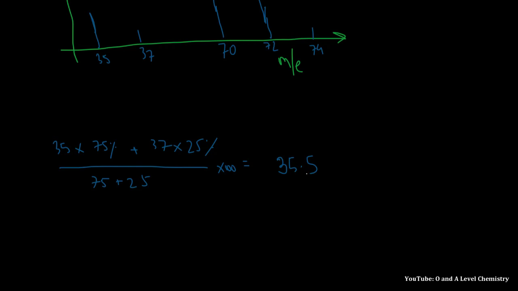So let's double check: 35 times 75 plus 37 times 25 divided by 100. So we don't need to do this; don't worry about this. That's the relative atomic mass of one chlorine. This is because it's hard to deal with each isotope individually, so we take the abundance of each isotope of a particular element and average them out. So we work with the average. So that's that.